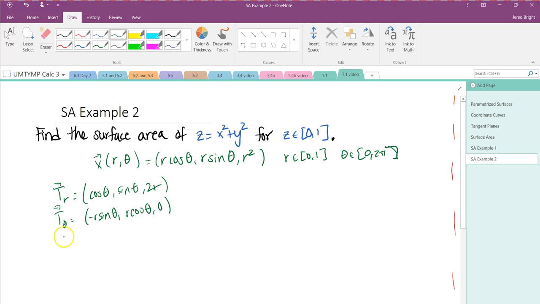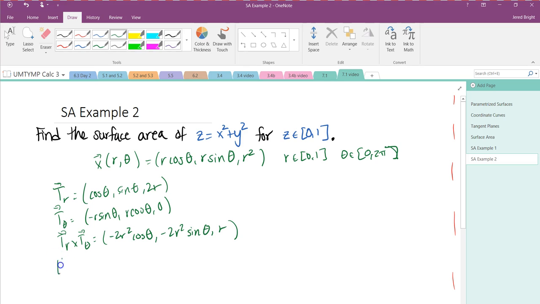Okay, and when I cross them, I have to do the first parameter cross the second parameter. I end up getting negative 2r squared cosine theta, and then minus 2r squared sine theta, and then r.